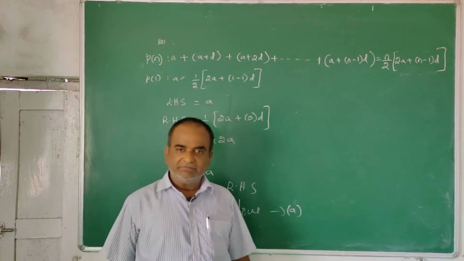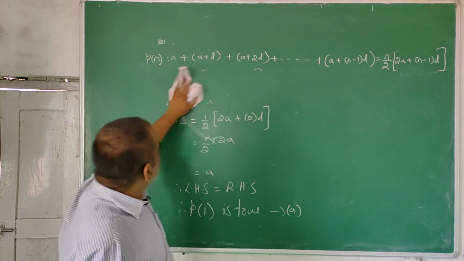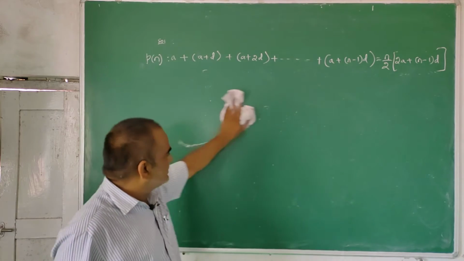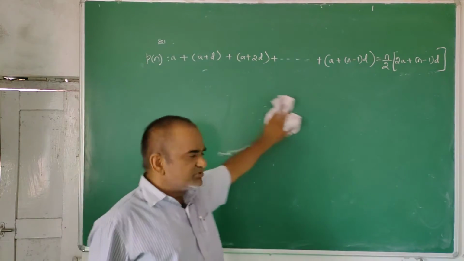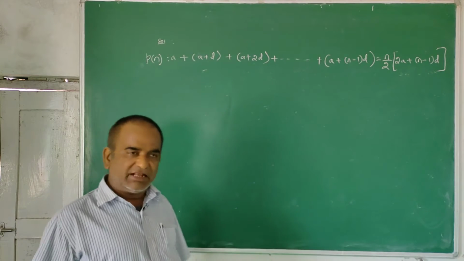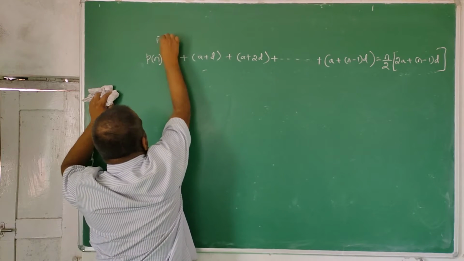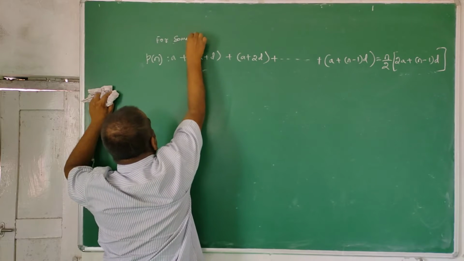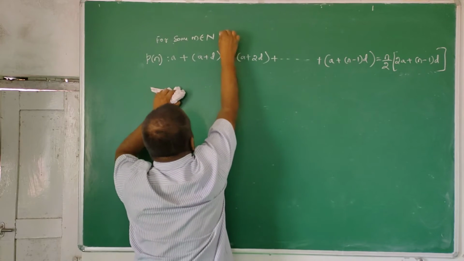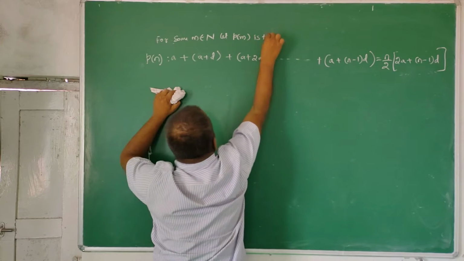So this is A. Now, as usual, for some m belongs to N, we consider that P(n) is true. It is an assumption. So for some m belongs to N, let P(m) be true.